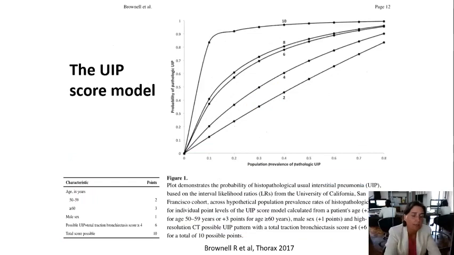When we look at the score model, we can see that increasing age, male gender, and a high traction bronchiectasis score sum up, increasing the probability of having UIP, but the probability of having UIP also depends on the prevalence of UIP in the general population.